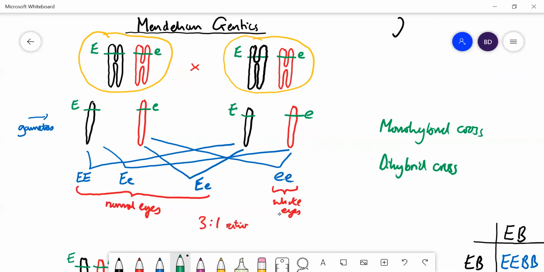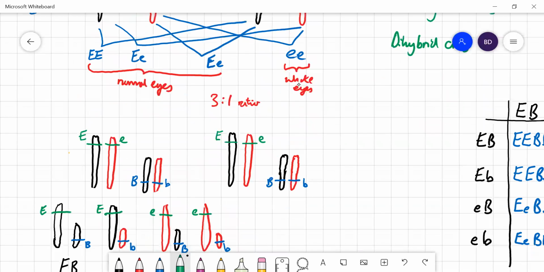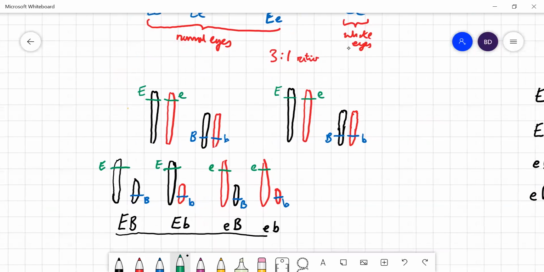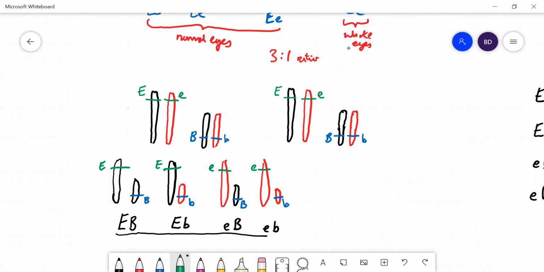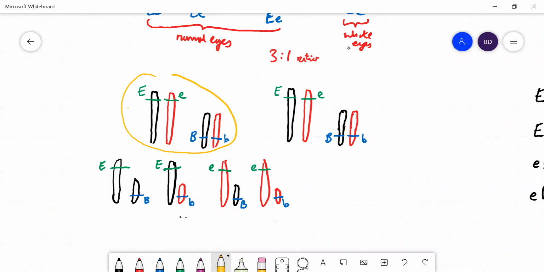Well, here I've drawn some. Let's rub this out here. Start off with. Right, what we've got is one individual, that is the male, if you like, and we're going to cross that with this female. Now, I've got two traits here.